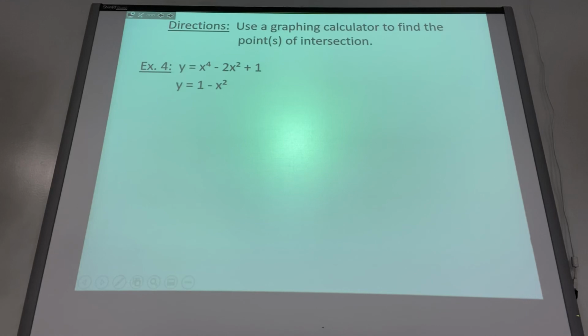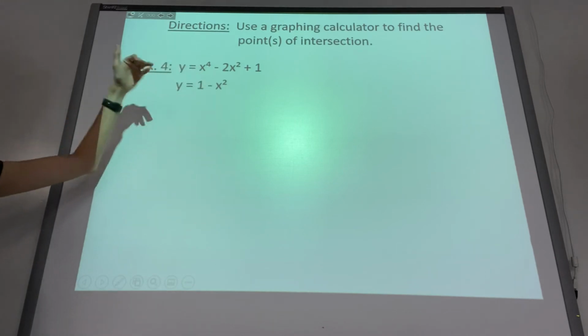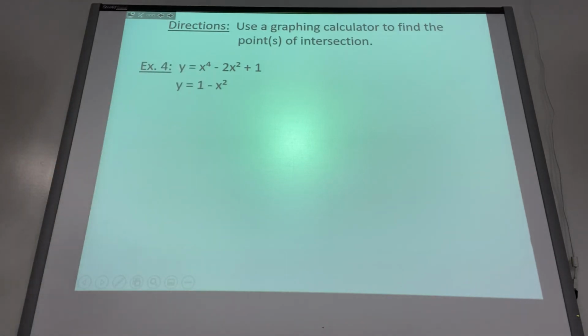All right, so what we're going to do on our calculator is we're just going to type that into the first line. We'll type that one in right under it. And for this graph, you might be able to just kind of look at it and tell where it crosses. But I'm going to show you an actual thing that you can use on your calculator just to be sure that we actually have it in the right place.